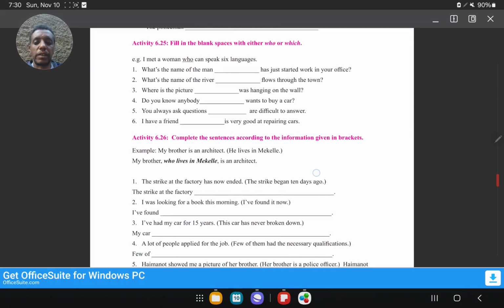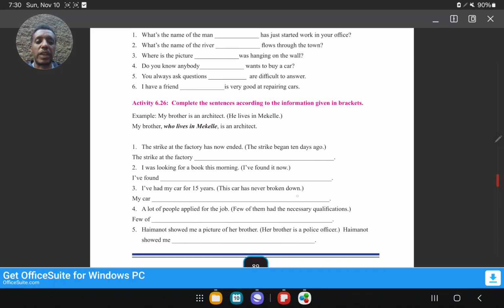Next, complete the sentences according to the information given in brackets. Look, my brother is an architect. He lives in Ma'ala. My brother who lives in Ma'ala is an architect. You see, who lives. Mind here, students, he lives, so you can replace he with who.